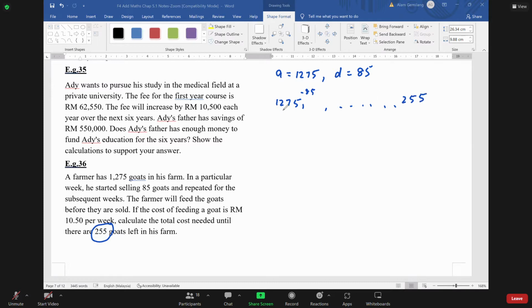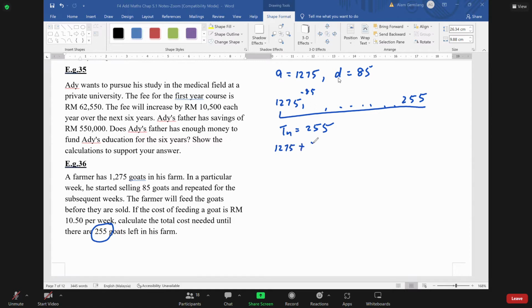So from here to here, how many weeks? Okay, so that means it's just like Tn, right? Tn is equal to the last term, 255. Going to find n, right?